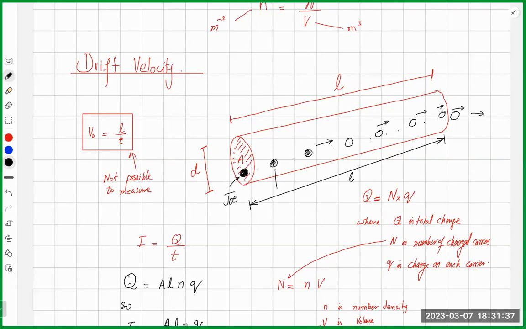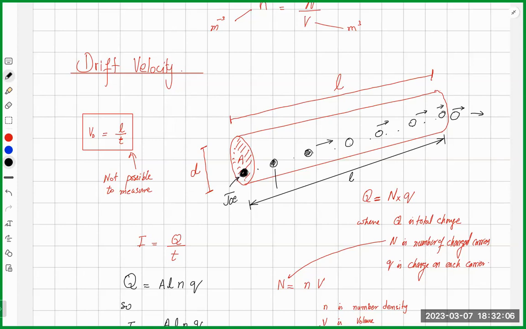That is not true at quantum level, but right now we are talking about AS physics. So we cannot label this electron, so we will never know when this electron came out of the other end, because the electron is definitely getting a forward push with every new electron coming into the conductor. We want to know the speed, and in order to do that, we need to find out how much time this one electron will take to come out of the other side.